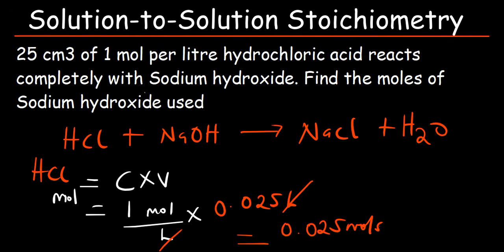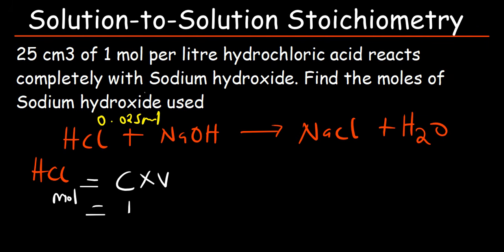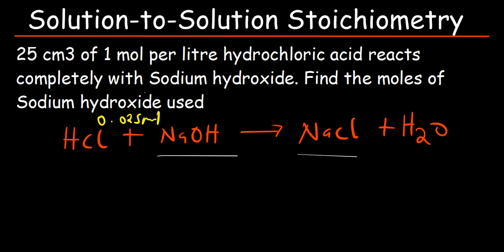Now, this is where mole ratios come in to play a part. If you look at the equation, is it balanced? Of course it's balanced. So if we look at hydrochloric acid, we are saying it's 0.025 moles. Because all the coefficients are 1 in this case, whatever I have as the moles of hydrochloric acid will also be the moles of the sodium hydroxide, and also the sodium chloride.